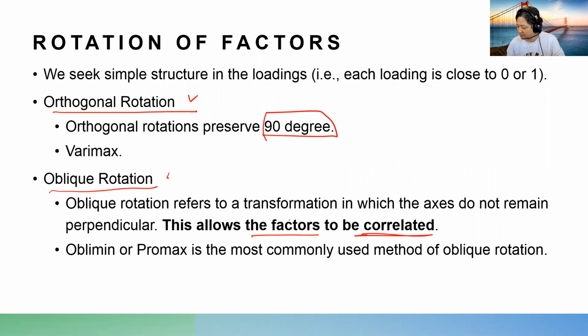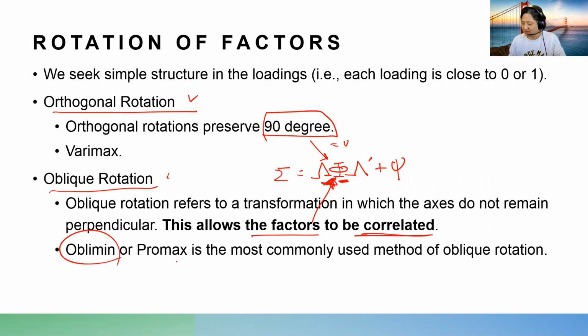So in this case, sigma equals lambda psi lambda transpose plus psi, the covariance matrix of factor scores is not 0, but in the orthogonal case it will be 0. Oblimin and Promax are the most commonly used oblique rotation methods.